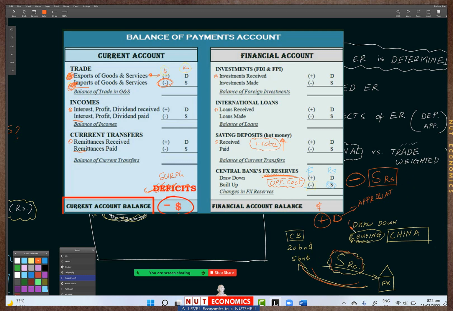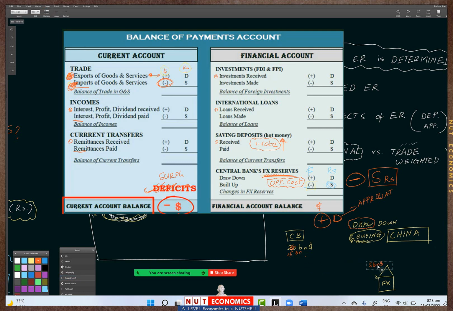This time the central bank comes in and starts drawing down or using its FX reserves, meaning that instead of buying $5 billion of reserves, it says, I am taking out $5 billion and I am going to sell them. I am just going to keep $15 billion. What will I do with these $5 billion? The central bank wants to use these reserves, but for what?